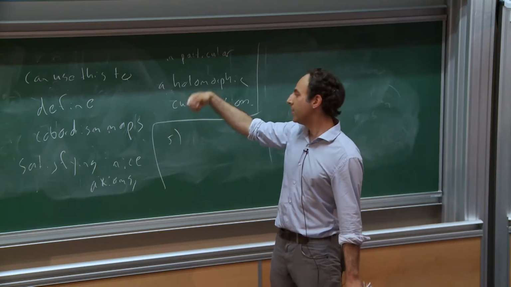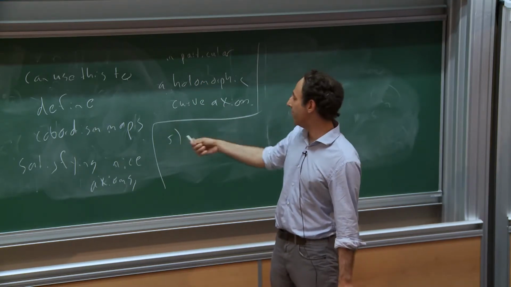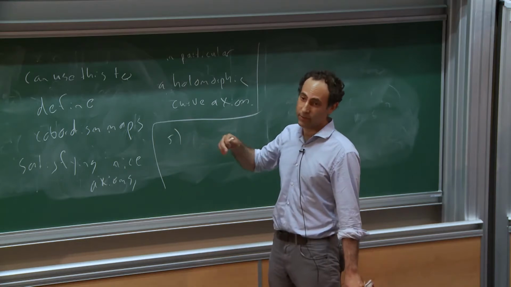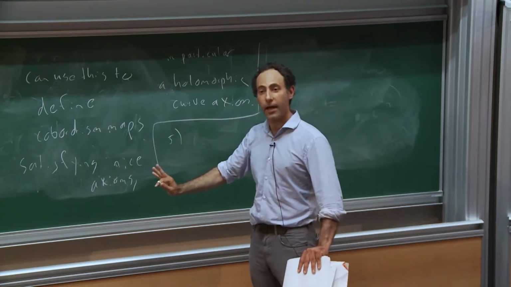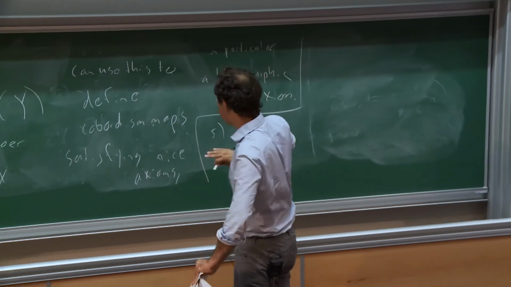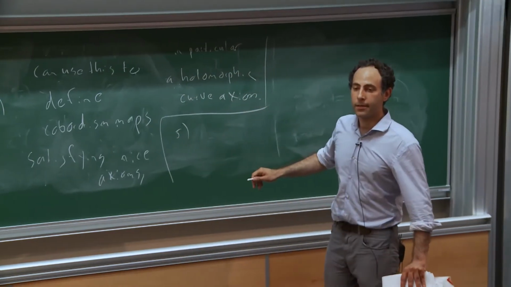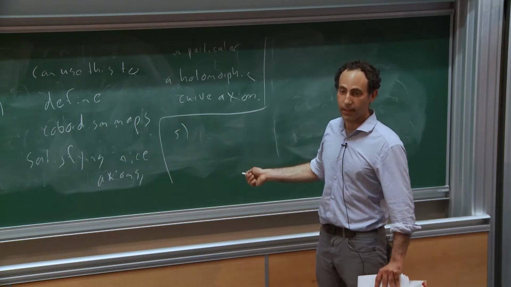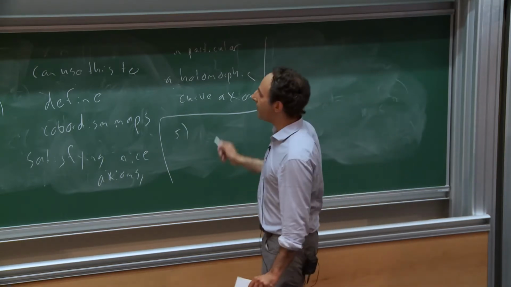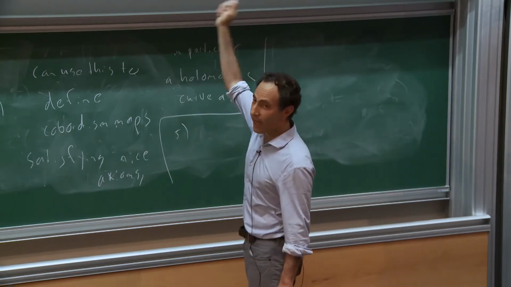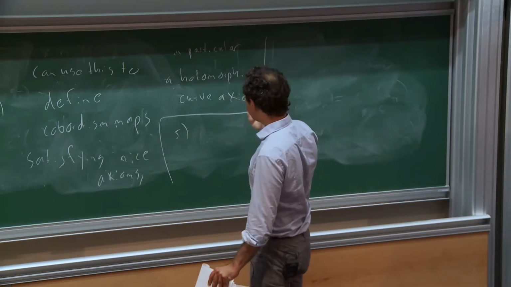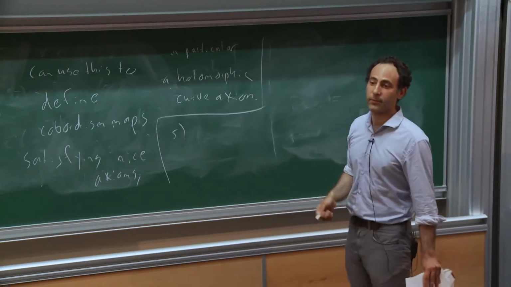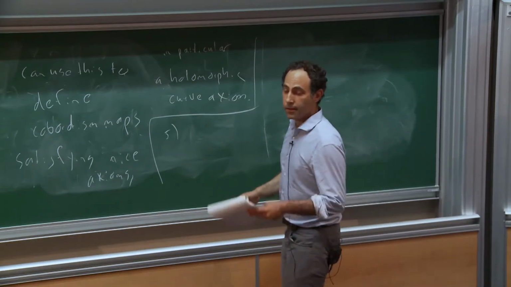You would think that you want an exact cobordism, but our cobordism is actually only going to be what's called weakly exact, which is fine for what we want to do. Is that what the holomorphic curve axiom is? More or less, yes, at a later moment. So this is all just general facts about ECH. I'm now going to induce for you the cobordism that will be relevant to us. Okay.